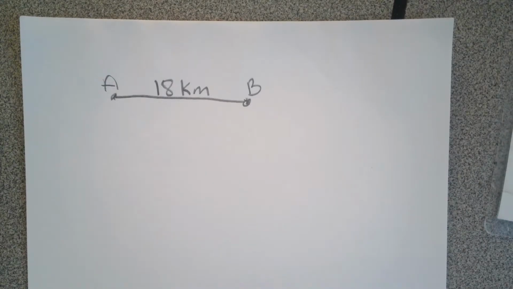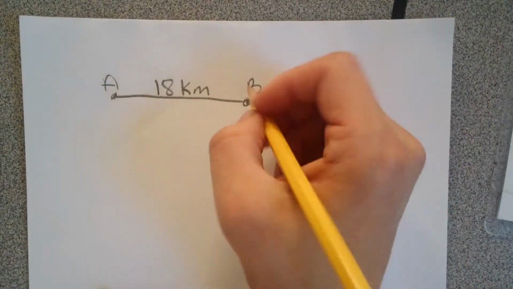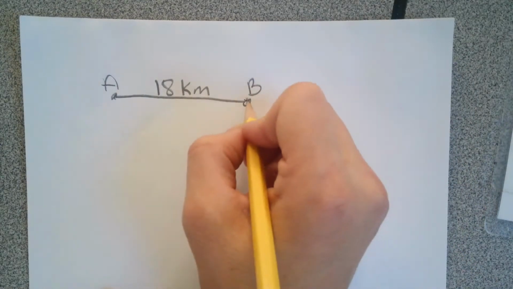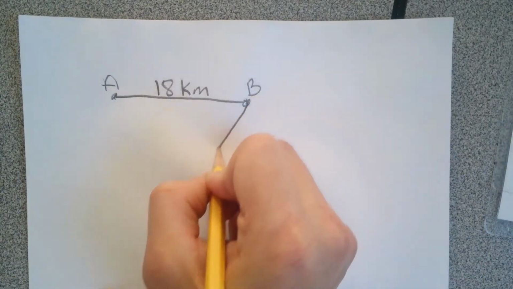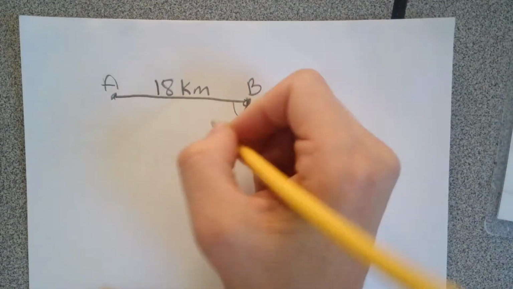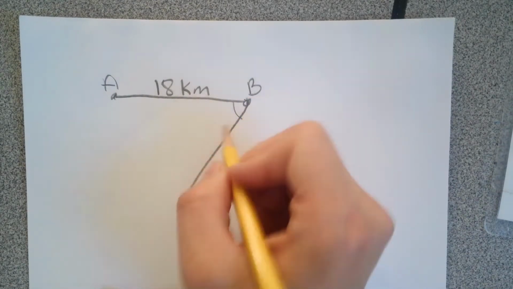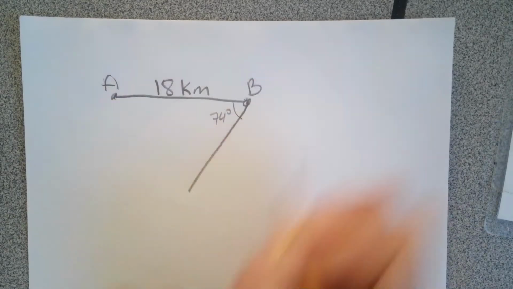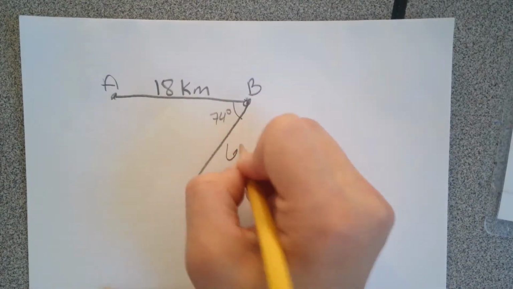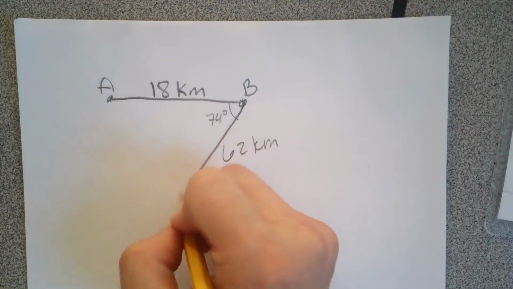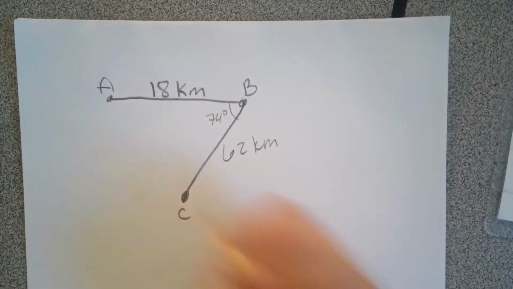So it goes south 74 degrees. So I need to make an angle of 74 degrees. So here's 74 degrees. And we go on for 62 kilometers till we reach outpost C. Cool.